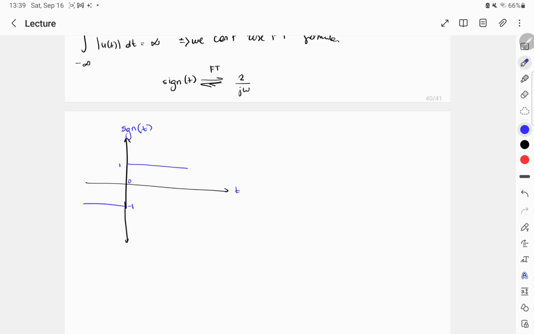In order to find the Fourier transform of the unit step function, we need to apply some steps. The first step will be the amplitude shift. After doing the amplitude shift by 1, we will notice that our function will be something like this.